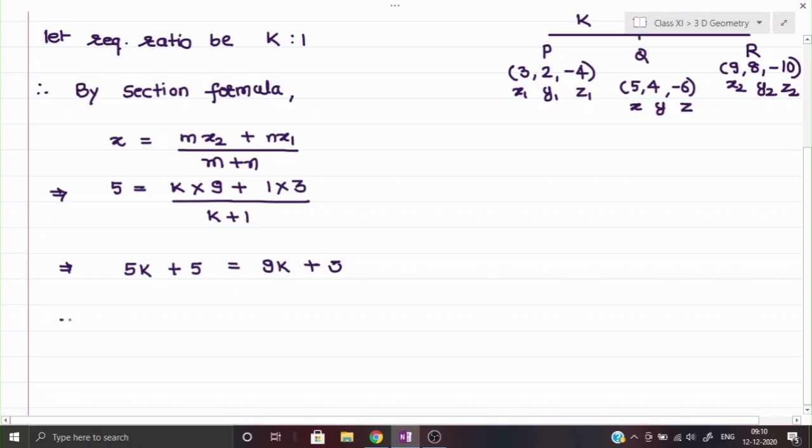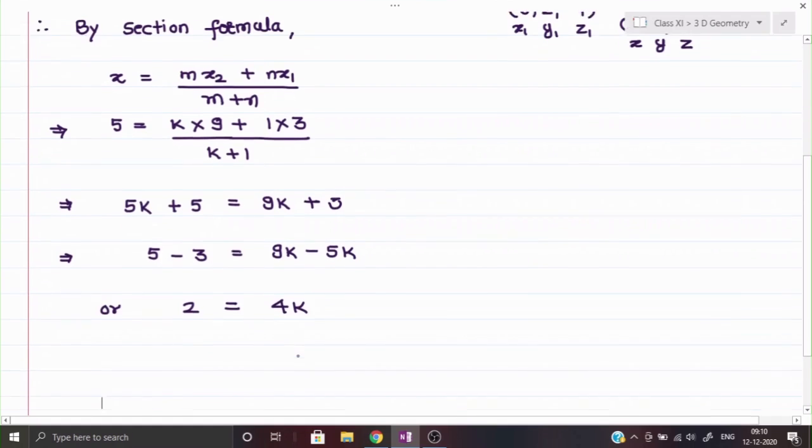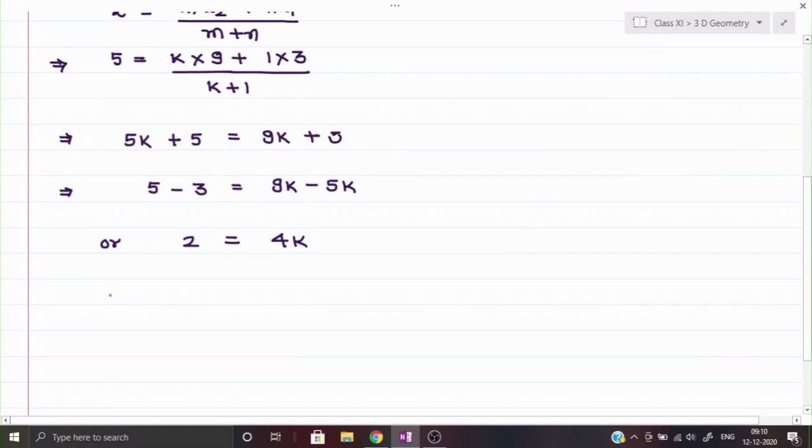Let us shuffle the terms here and there. So 5 minus 3 is equal to 9k minus 5k, or else we can say that 2 will be equal to 4k. So if we solve a little further, then we can say that therefore the value of k will be equal to 2 upon 4, meaning it can be 1 upon 2.